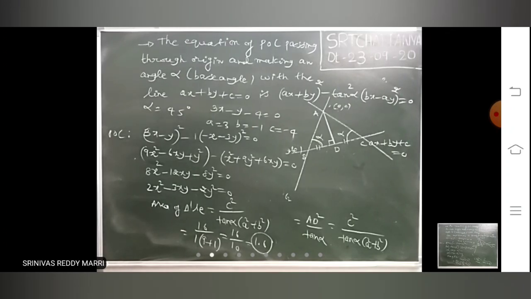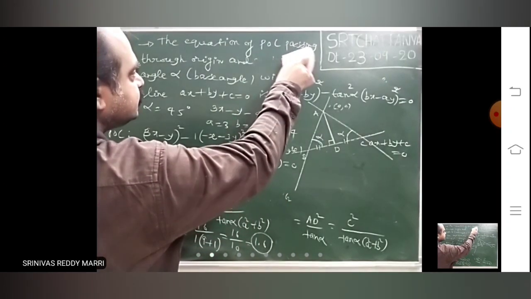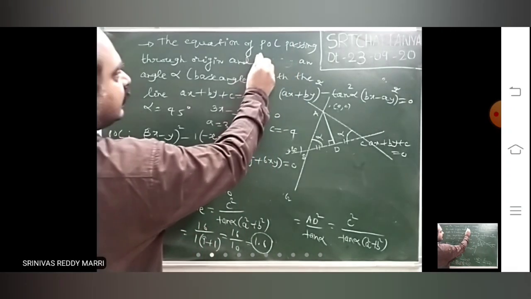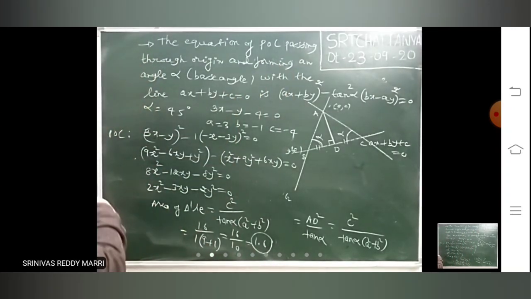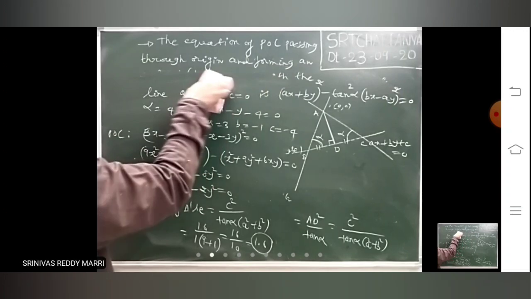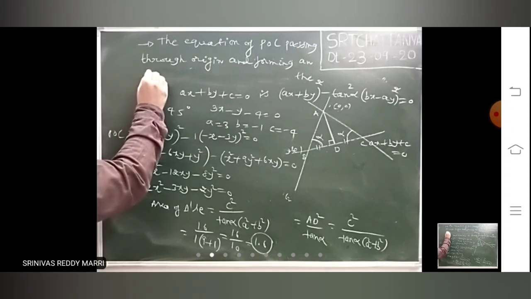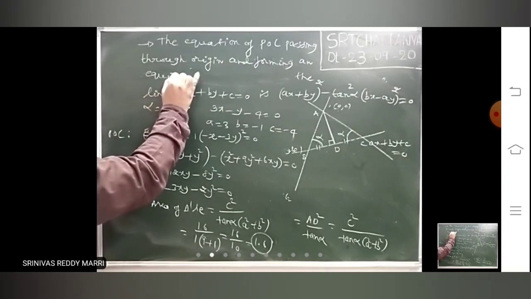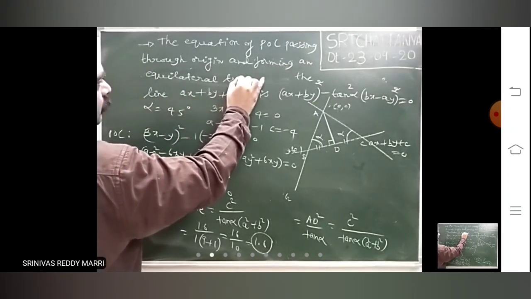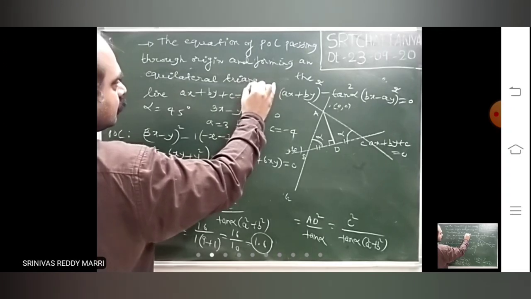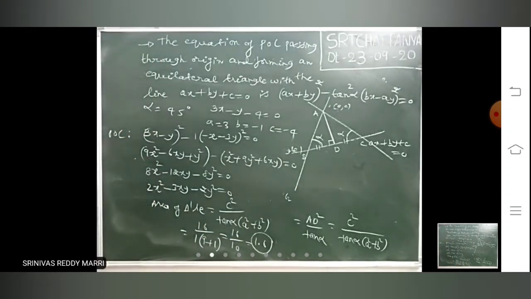Look at the next one. The equation of the pair of lines passing through the origin and forming an equilateral triangle with the line.